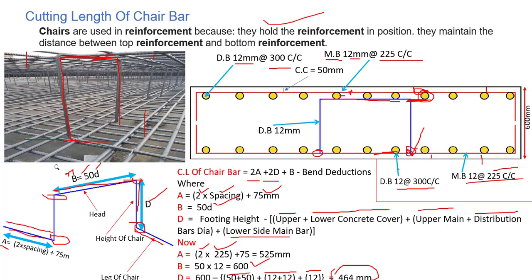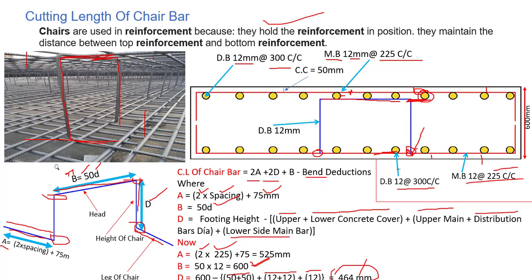Now the cut length is here at the bottom. It is not visible, sorry about that, but when we put the formula over here: 2 into A, and the value of A we have found is 525, plus 2 into the value of D, which is 464, plus B, which we have found as 600, minus the bend deductions.